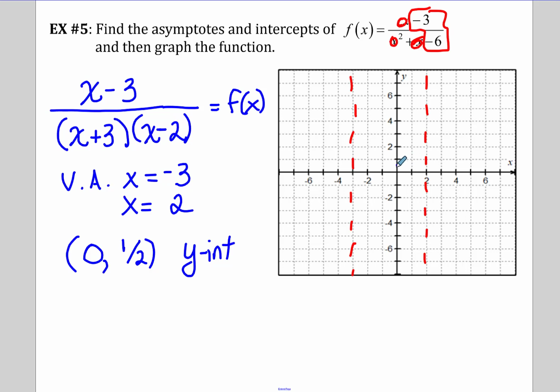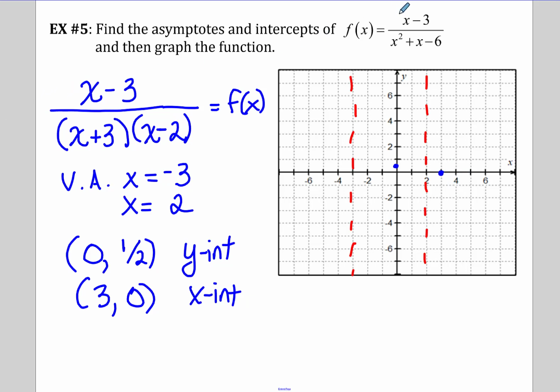So it's really, really close here. The next thing you can do is set the numerator equal to 0. So when the numerator is 0, you have your x-intercept at 3, 0. So we can put a dot at 3, 0.